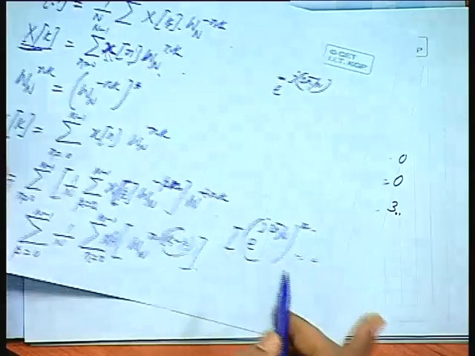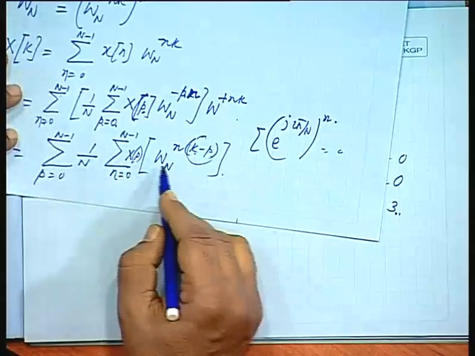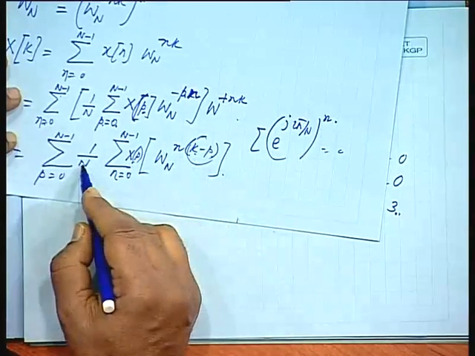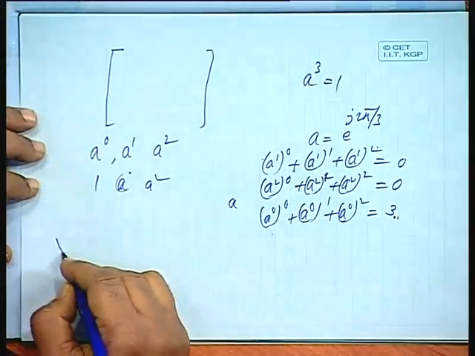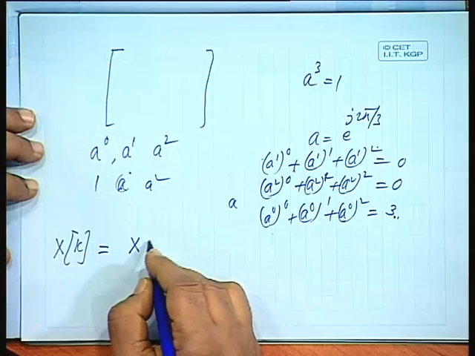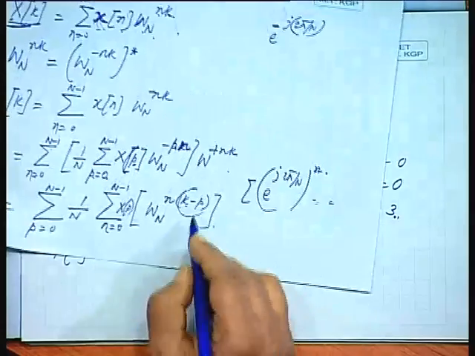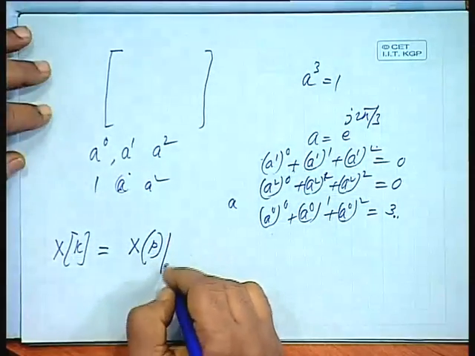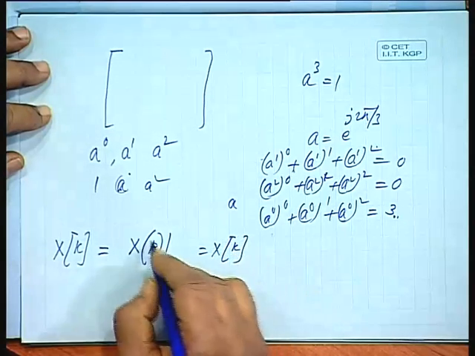So it becomes only X[p], with the factor 1 times N, N getting cancelled. So we get x[k] equal to X[p], where p is equal to k. This is valid only for p equal to k.